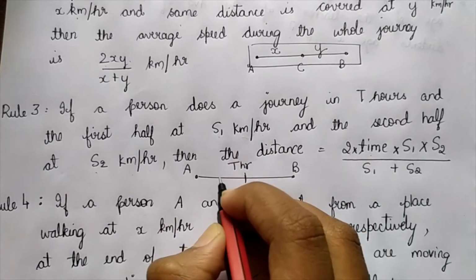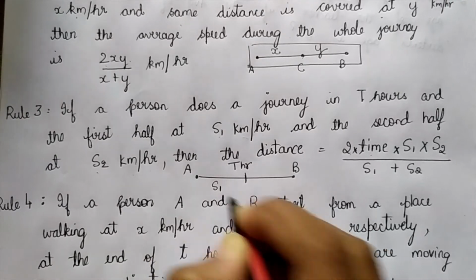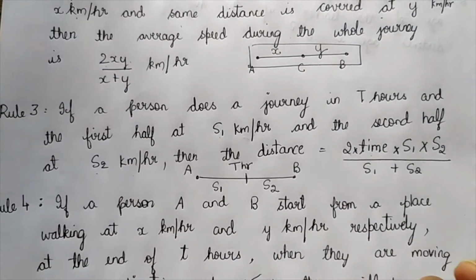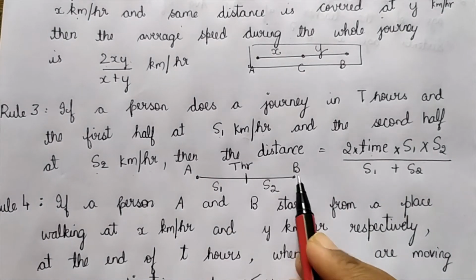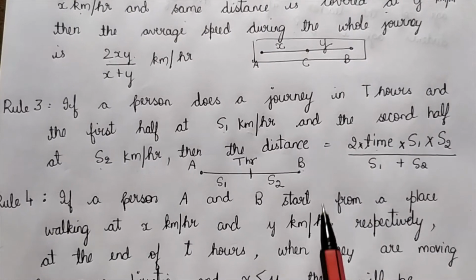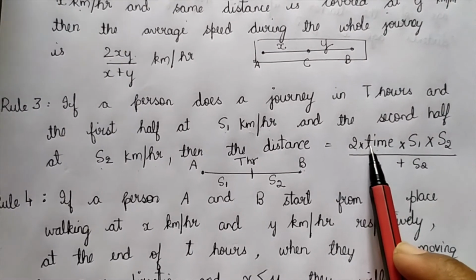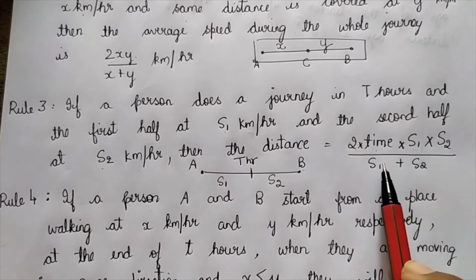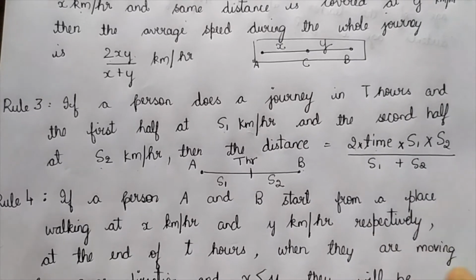Half of the distance he is traveling at s1 kilometer per hour, the next half at s2 kilometer per hour. We don't know the distance between A and B. In order to find the distance, we multiply 2 into t into s1 into s2 whole divided by s1 plus s2.